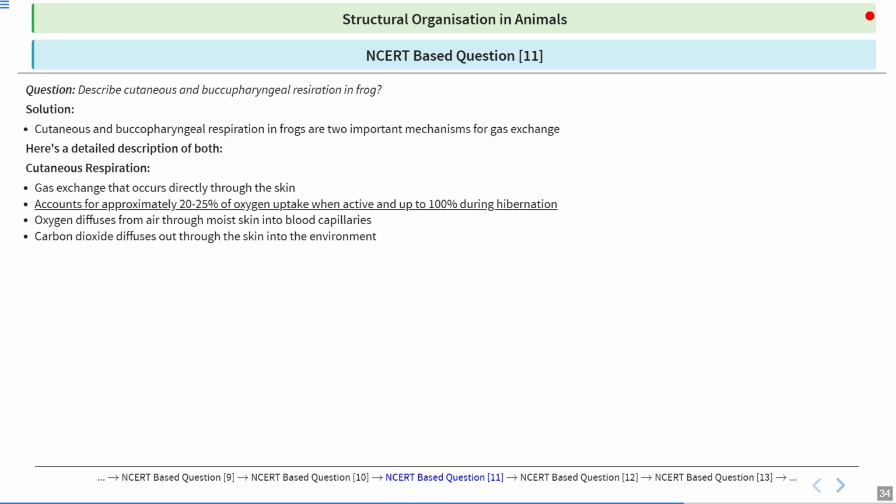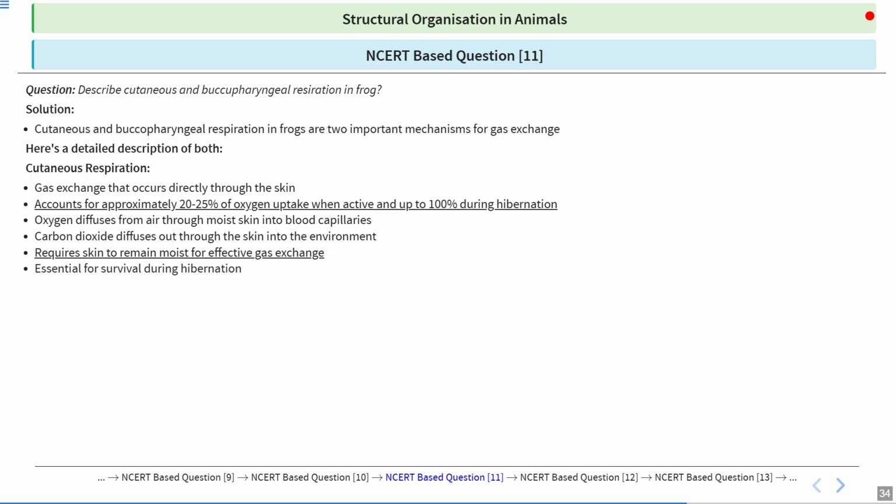Whatever carbon dioxide is present inside the body in the blood capillaries can pass out to the external environment through the skin. They require the skin to remain moist for effective gas exchange, so they have to keep their skin moist always.